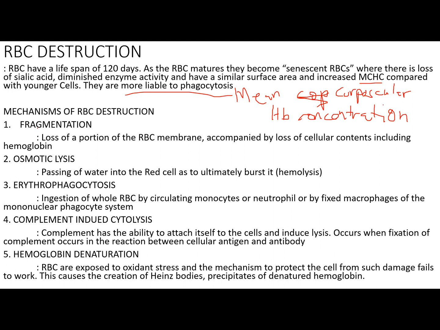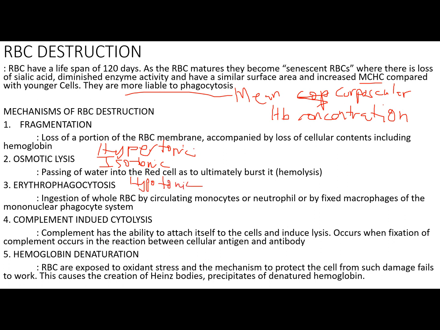Passing of water into the red cell ultimately bursts it. So, class, in osmotic lysis, we have different concentrations of solution. I don't know if you know this, the hypertonic, isotonic, and what we call hypotonic.